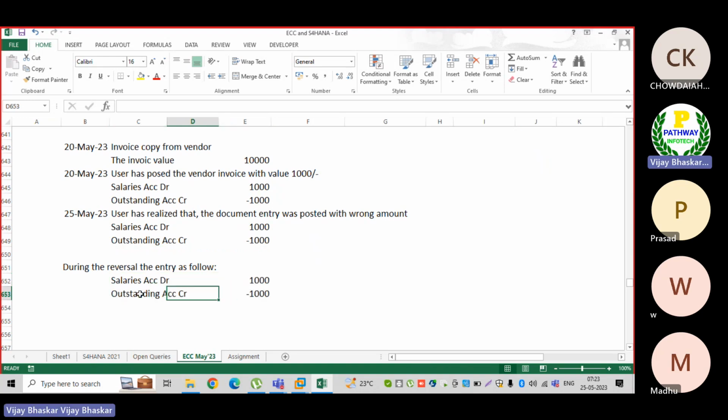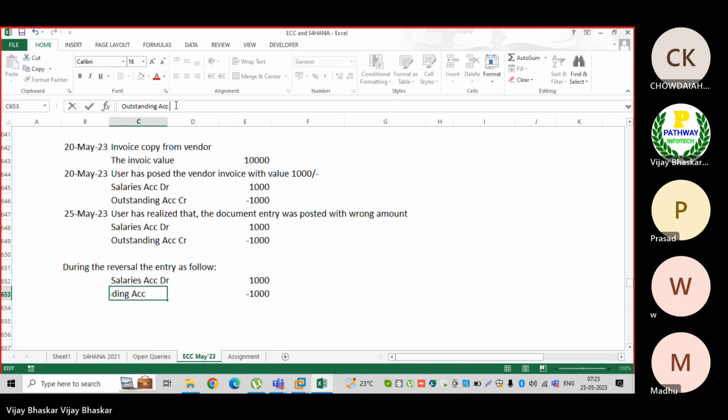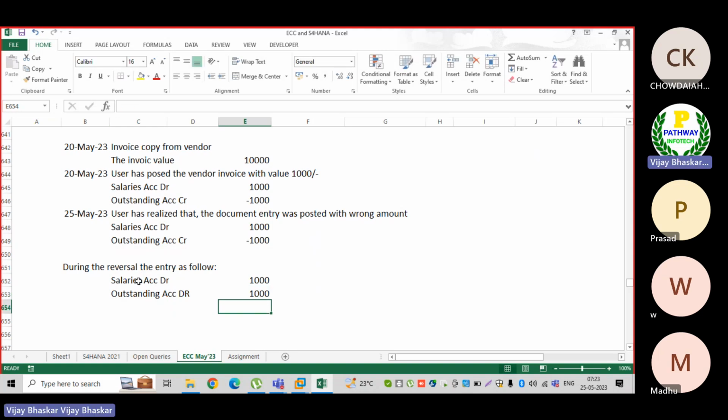The outstanding account, which was credited, will turn into debit, and the salaries account, which we posted with the debit, will turn into the credit. Here you can see the outstanding account is the debit and here is the credit.